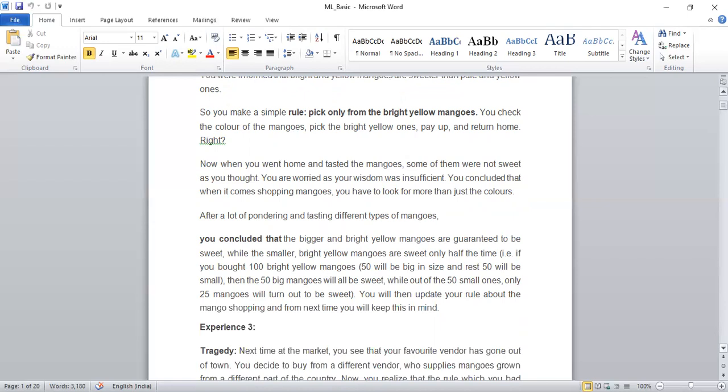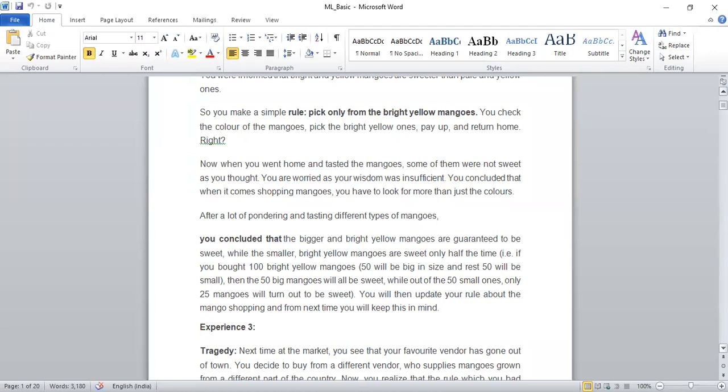That is, if you bought 100 bright yellow mangoes, 50 will be big in size and the rest 50 will be small. Then the 50 big mangoes will all be sweet, while out of the 50 small ones, only 25 mangoes will turn out to be sweet. Understood? Have you understood, Ujjal, Seema, Bidisha, Rajkamal, Shubham?